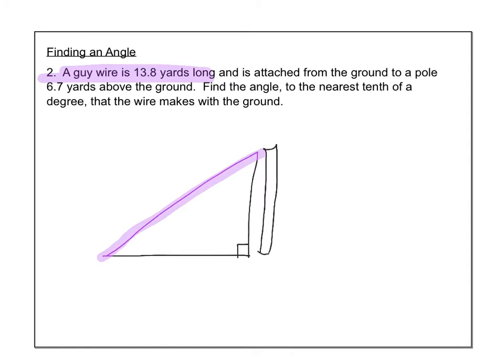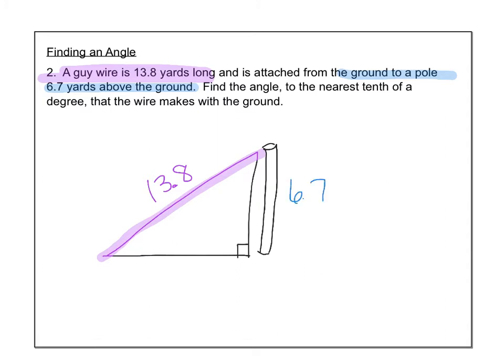Here's our pole here. So the 13.8 is actually on the hypotenuse because it's looking at the line that's slanted. The wire is going to be slanted. It's going to go through the air. So that's got to be on that slanted side. Then the next thing they gave us is that we know from the ground to the top of the pole is 6.7 yards.